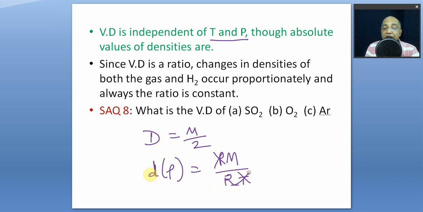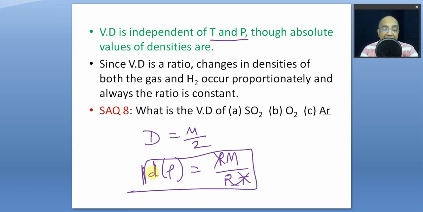No P, no T is required for vapor density. Tell me why vapor density is independent of temperature and pressure? Number 1, because it is related to molecular mass. Molecular mass is a constant quantity for a given molecule. Therefore, VD has to be constant.